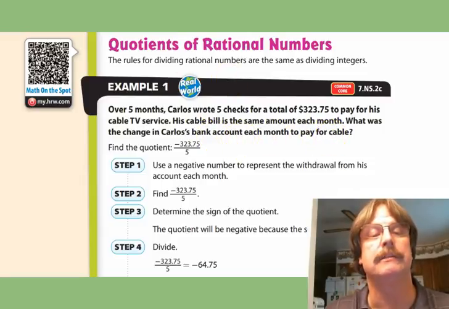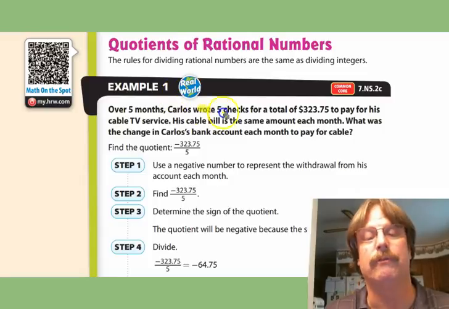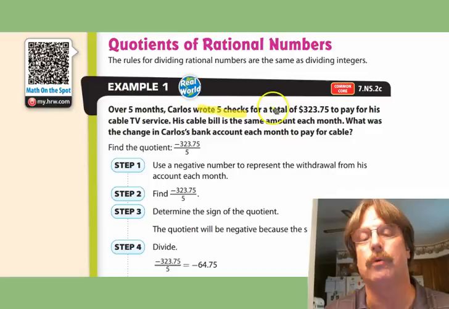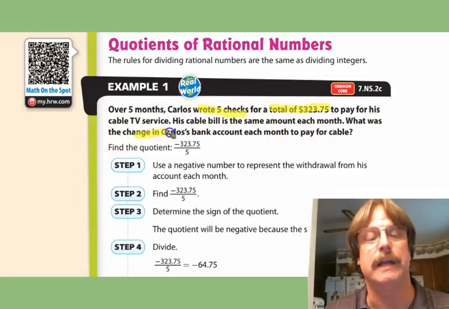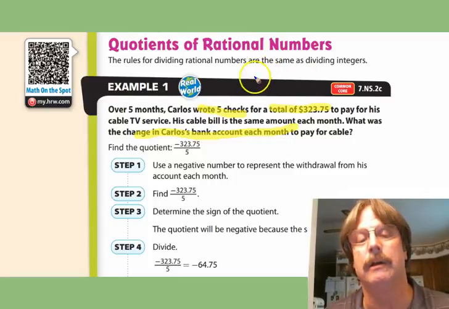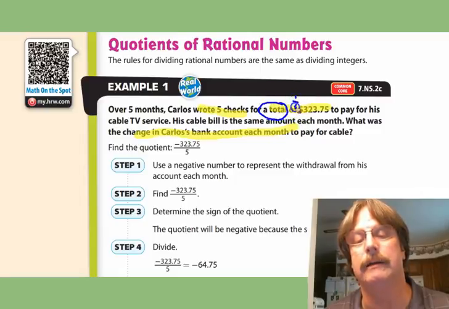We go ahead and highlight some information that we have. He wrote 5 checks, a total of $323.75. It's the same amount each month. What was the change each month? That's kind of important here, because we're going to break this down now. If you remember what division is about: the total divided by your groups equals items.